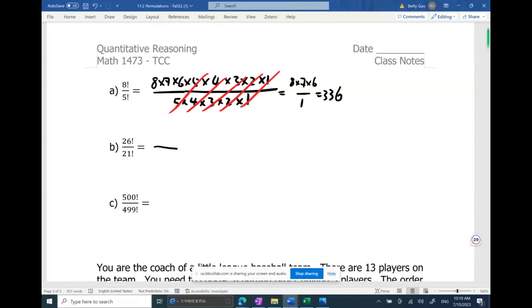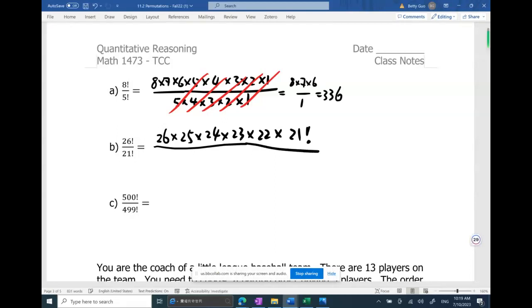Part B: numerator is 26 factorial, denominator is 21 factorial. I don't really want to write 26 times 25 times 24, all the way to 2 times 1. How about allowing me to write the numerator as 26 times 25 times 24 times 23 times 22, and then times 21 factorial.